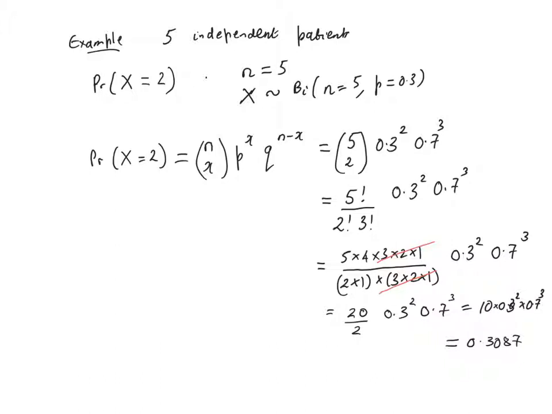Now we're going to see a more complicated calculation. We're now going to ask ourselves, what's the probability that the blood pressure is reduced in 0, 1 or 2 patients out of the 5?